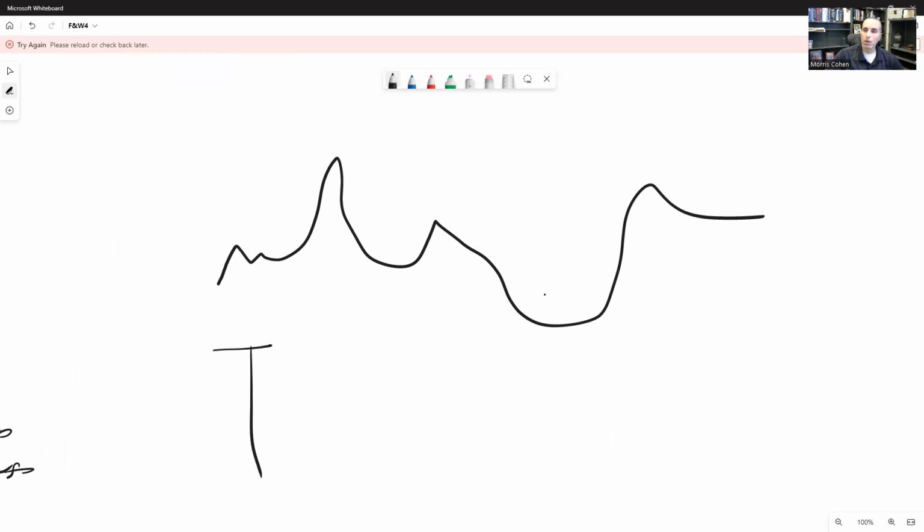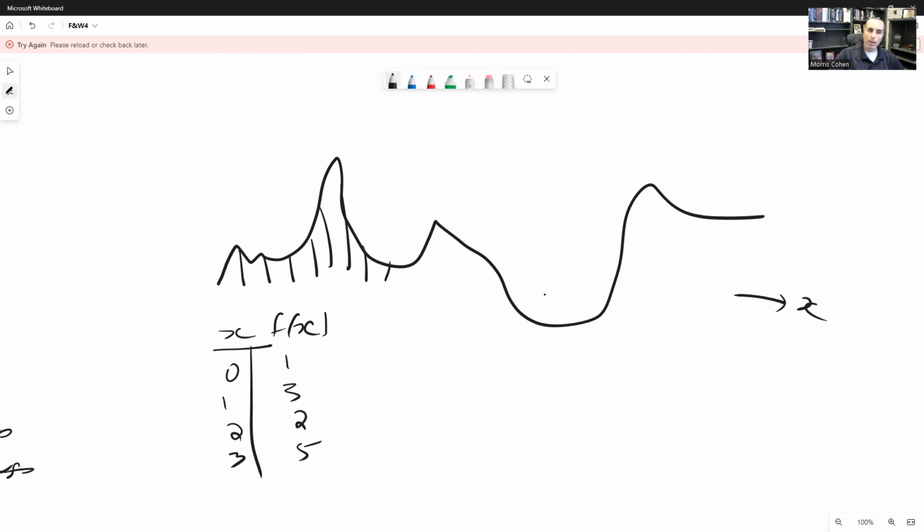I have a chart right here. Let's say this is x, and this is this function of x. Maybe this is 0, 1, 2, 3. And you know the values of f of x everywhere. It's 1, and then it's 3, and then it's 2, and then it's 5. From that, you can basically imagine dividing this up into little pieces and summing up the contributions of each of these pieces.